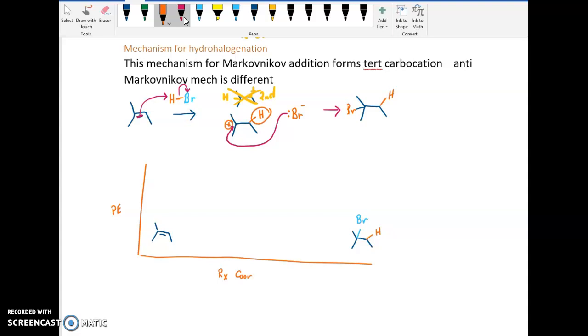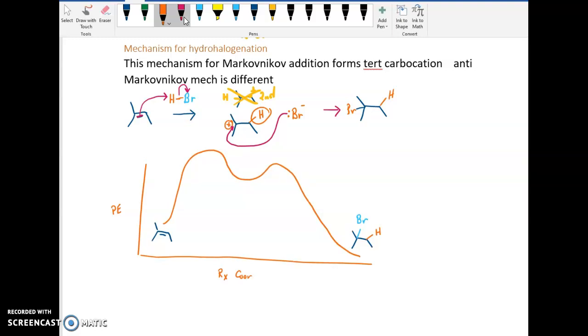Let's look at the energy, what happens to potential energy as this reaction occurs. So it's going to occur in two stages. The potential energy here, we're going to start fairly low. We have a hump, and then we have another little hump, and then we go even lower for our product.